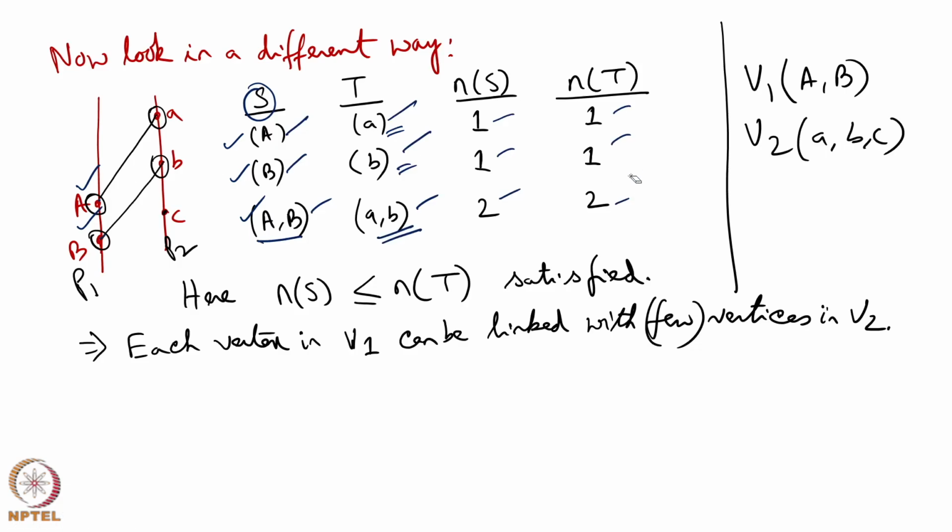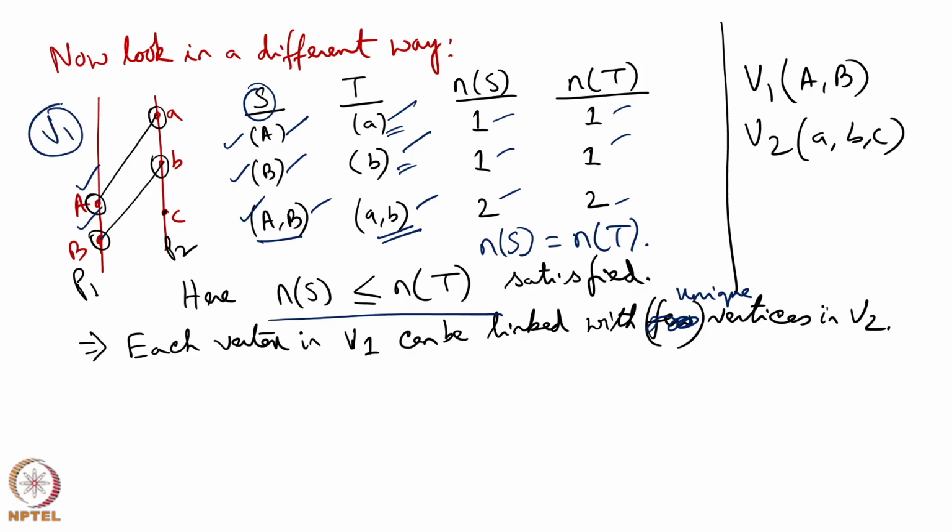Which means this condition is satisfied. This is a case where each vertex in V1, this is the V1 and that is the V2, can be linked with unique vertices in V2.